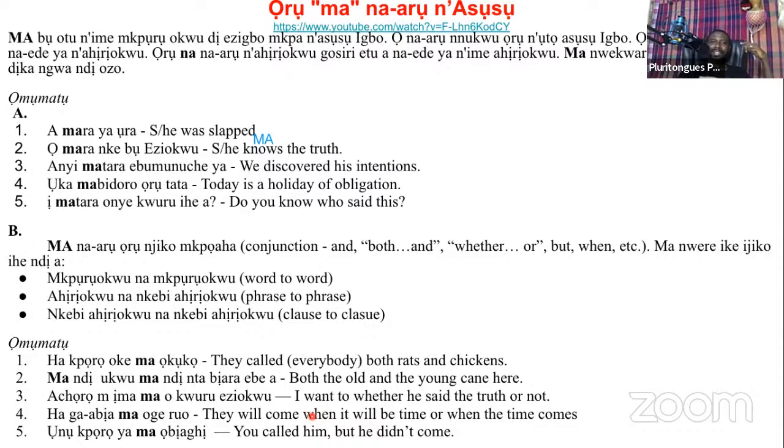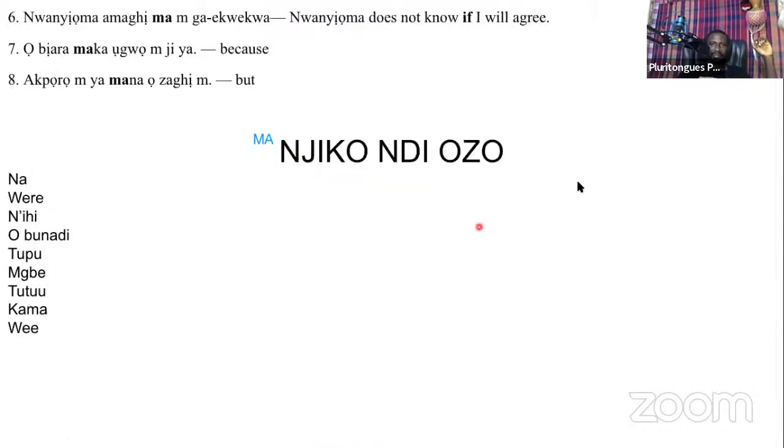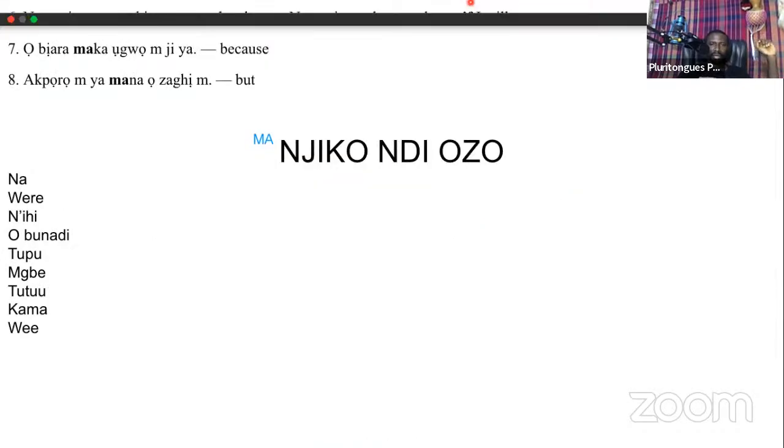Akpọrọ m ha si ha bịa mụọ asụsụ Igbo ka anyị kwado asụsụ na omenala nna nna anyị ha. Ma ha abịaghị. So that is the fifth example, and we will have to stop here today.